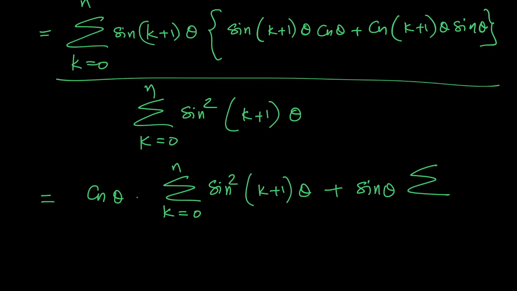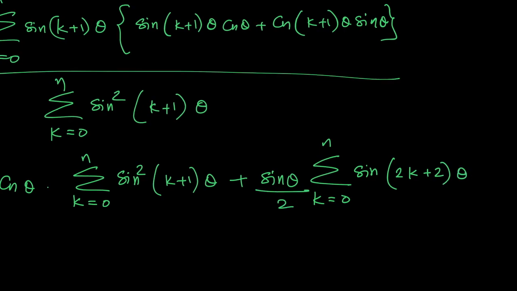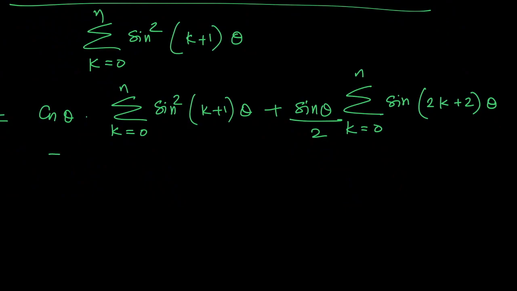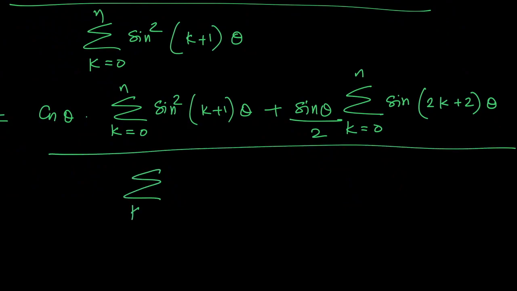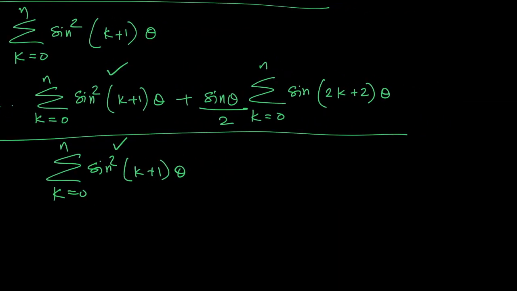The other expression becomes sigma k equals 0 to n of sine of (k plus 1) theta into cos of (k plus 1) theta. So it becomes sine of (2k plus 2) theta, and there is a half, divided by sigma k equals 0 to n sine square of (k plus 1) theta. Now these two quantities are same, so I am going to evaluate this expression for the time being.